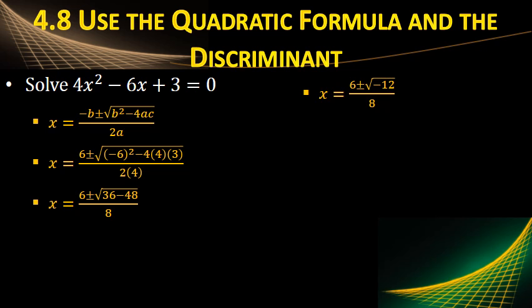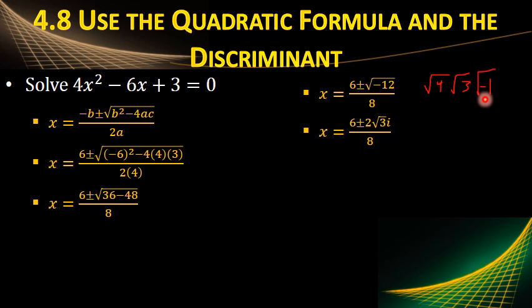Negative 12 is square root of 4, square root of 3, square root of negative 1. Square root of 4 is 2, square root of negative 1 is i.